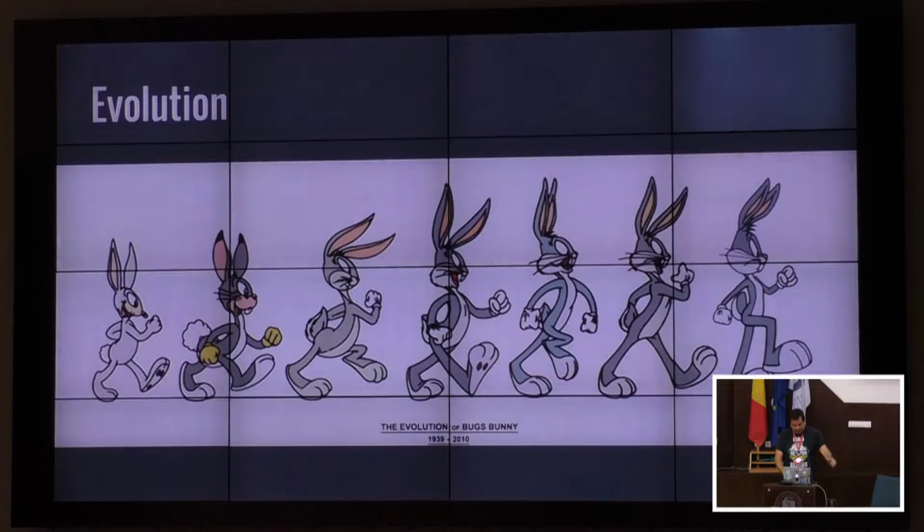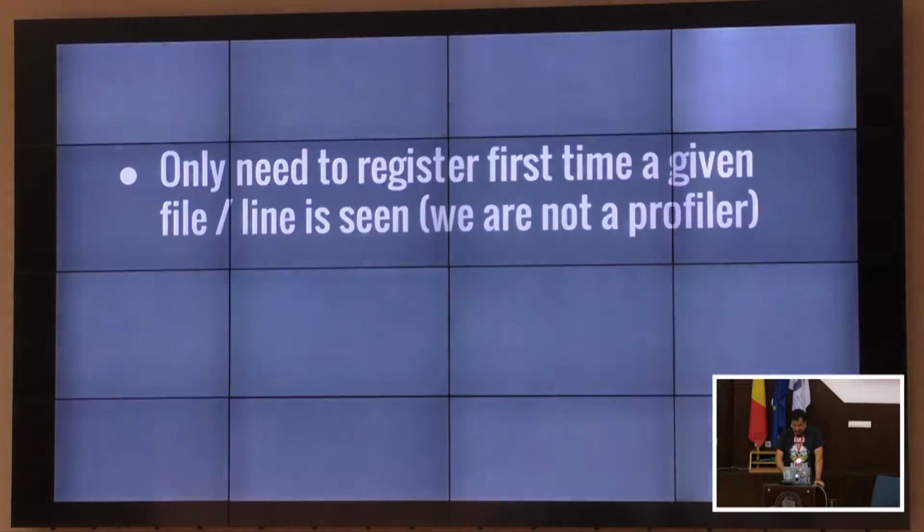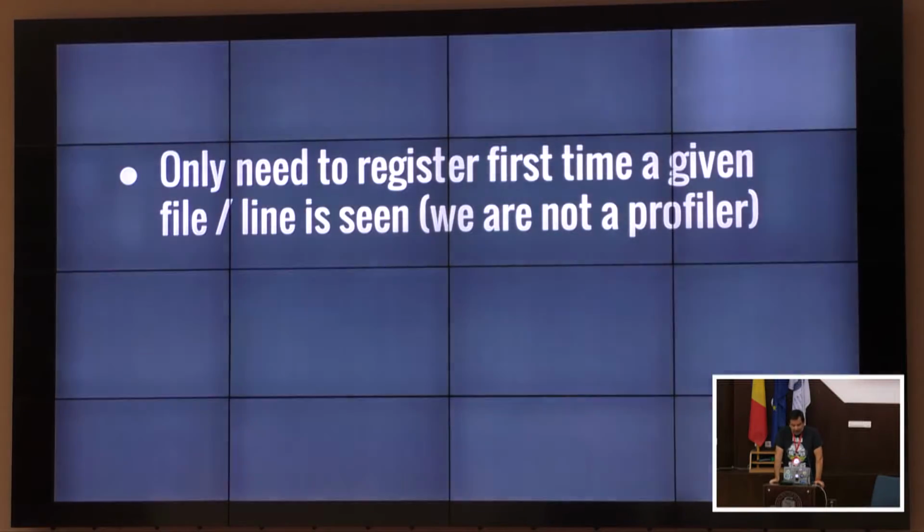So, improvements. How we have changed the code after that initial implementation, which worked. So this is not a profiler, so we are not really interested in how many times we actually go over one line. We are just interested in the fact that we did go over it. So we don't care if it is the 10th or the millionth time we execute a line. We just want to know the first time we go over it.